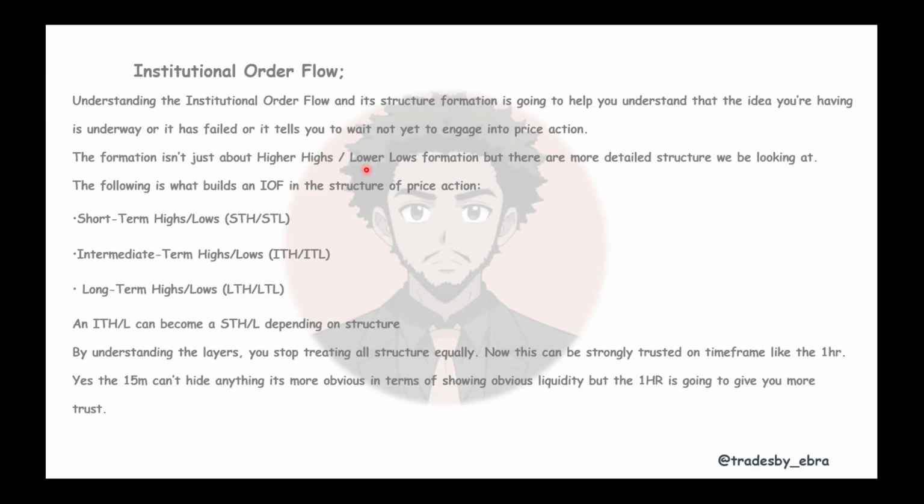It's more obvious in showing liquidity, but 1 hour is going to give you more trust. Even a 4 hour time frame could be really good. The minimum I think is 1 hour. That is a personal preference. You're going to do back testing and you'll understand that more.